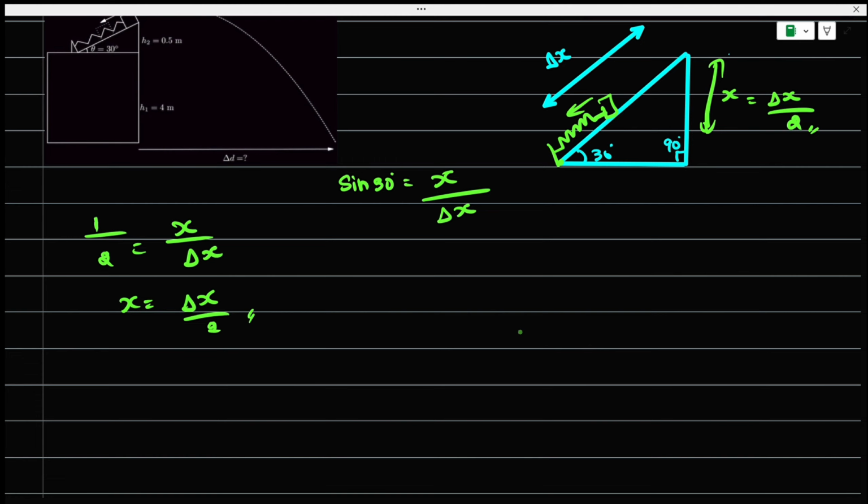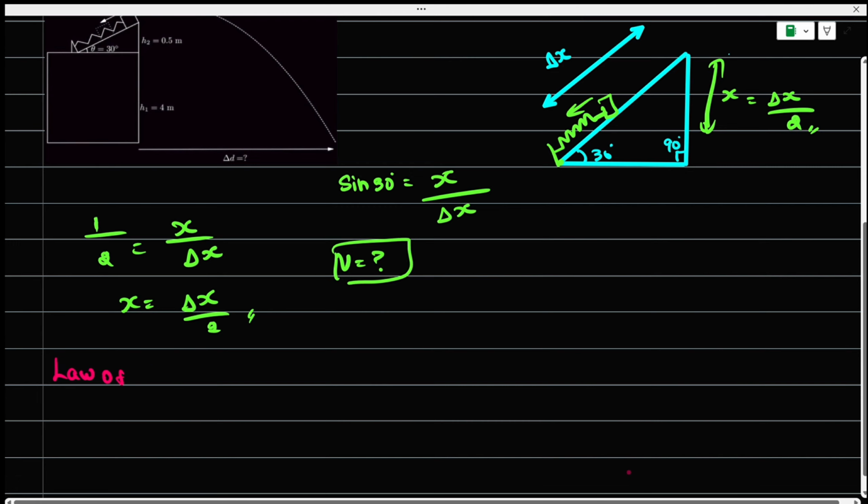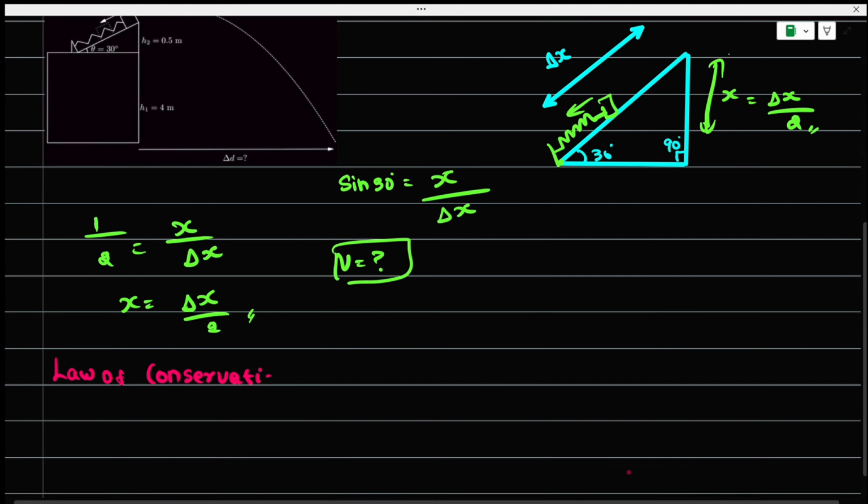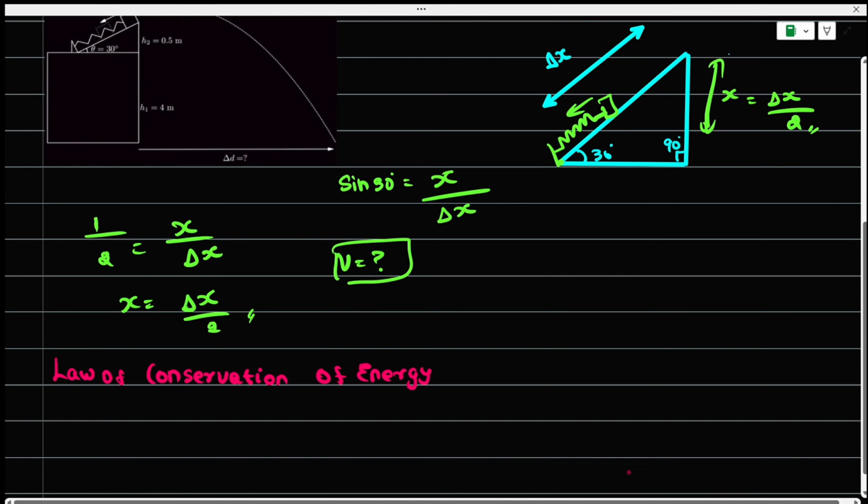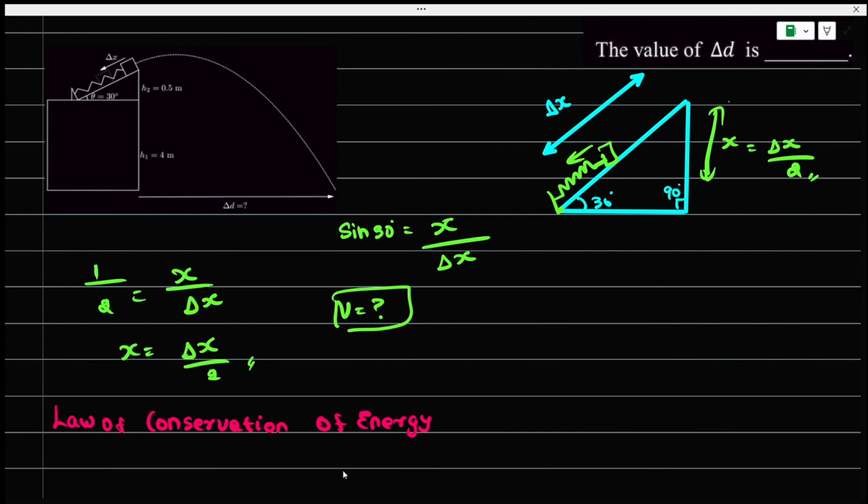Now let's solve for this. For solving the first question and to get the value of v, we need the help of the law of conservation of energy. Let's analyze the situation first. Since the spring is compressed, the energy of this block is stored in the form of spring potential energy.